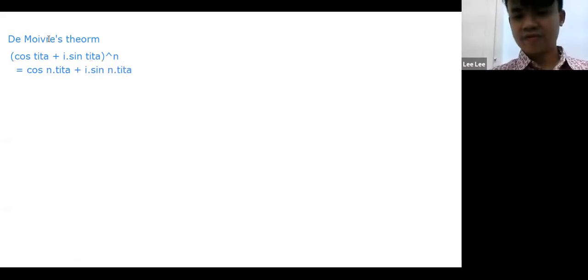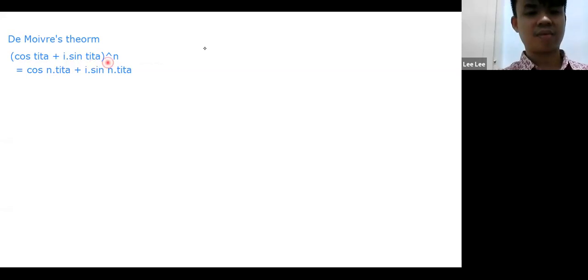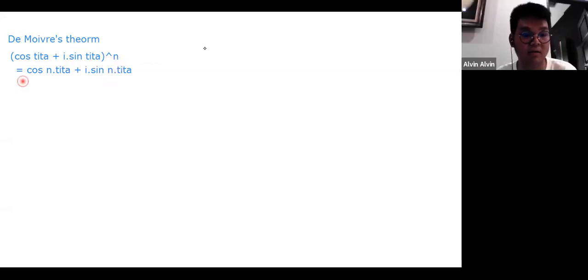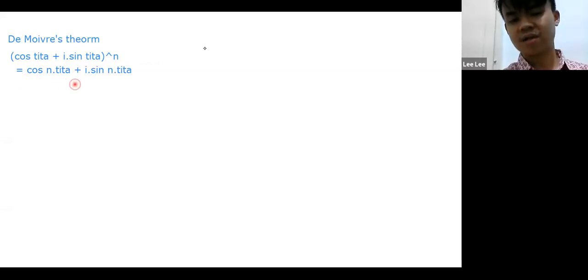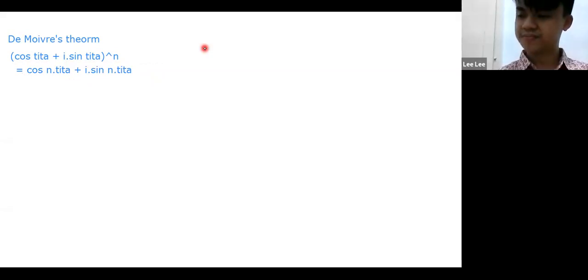Okay. So de Moivre's theorem, right? If you have (cos theta plus i times sin theta) to the power of n, if you expand it, it can be simplified to become cos n theta plus i times sin n theta.